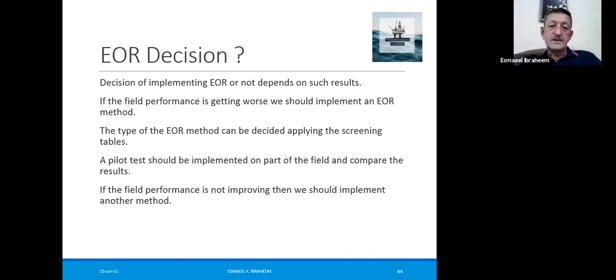This is the decision that should be taken first. If not proper, then you should change to another method.